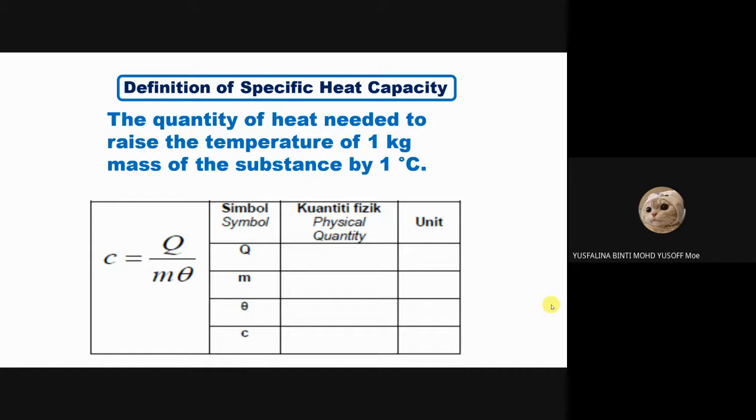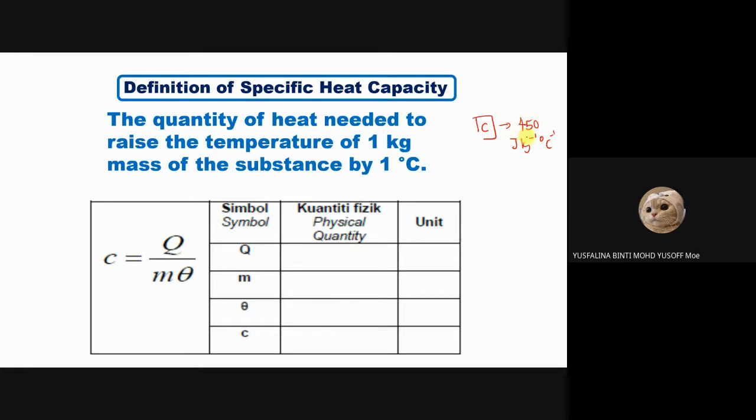So how much energy do you need? So let's say I have object C, and the specific heat capacity is 450 J kg negative 1 degree Celsius negative 1. So this is the unit for specific heat capacity.